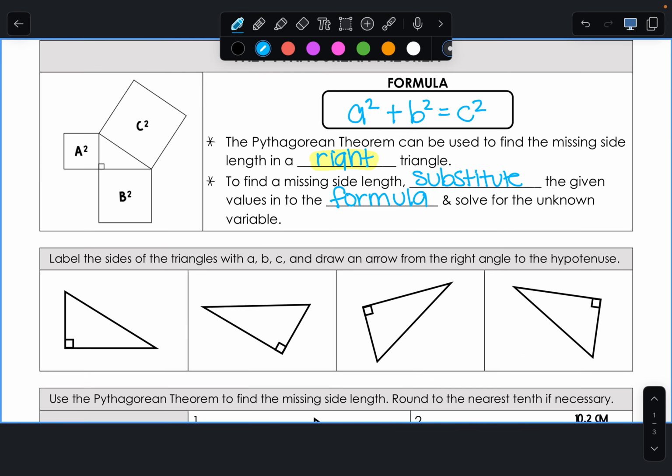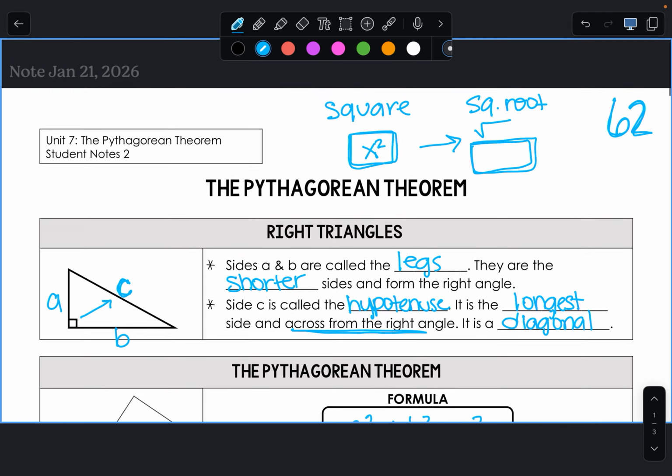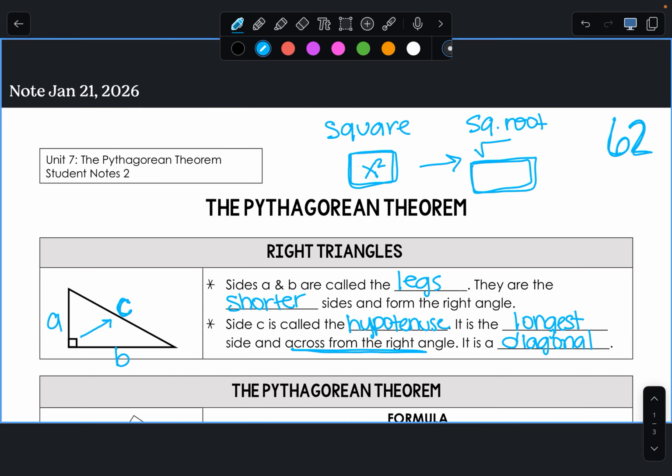Square root, yeah. You use x squared for the area, but square root for the side.